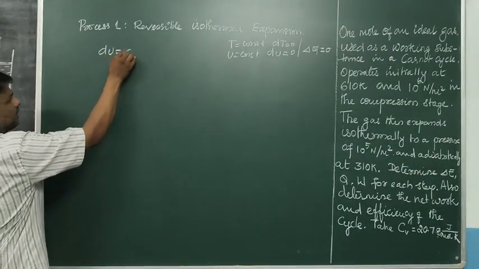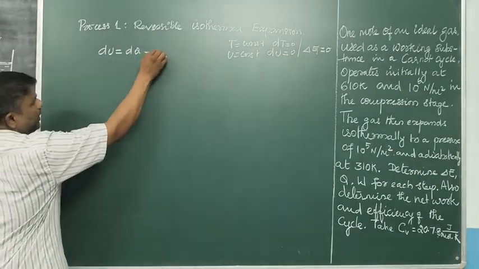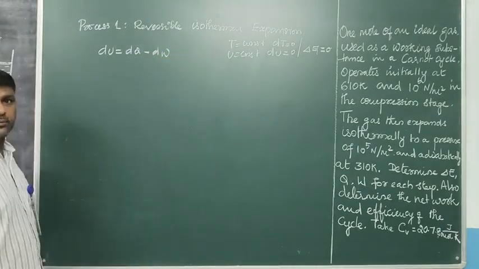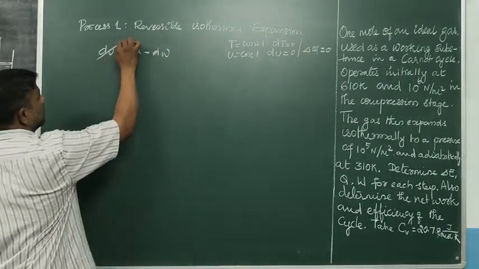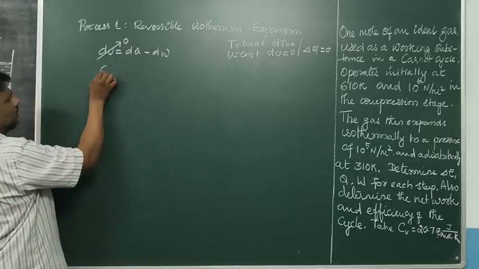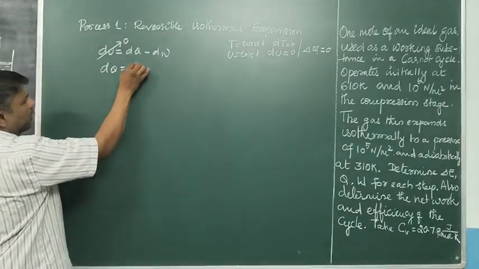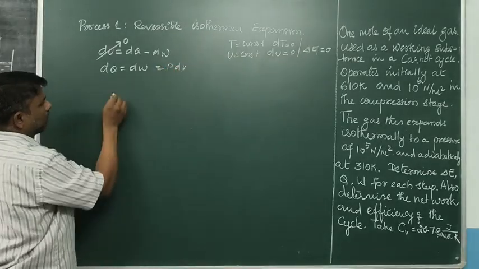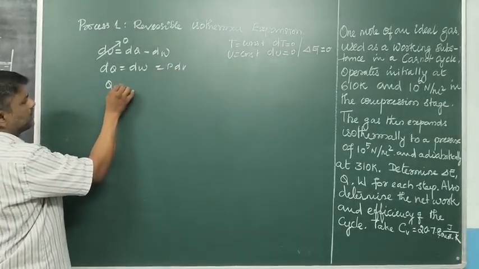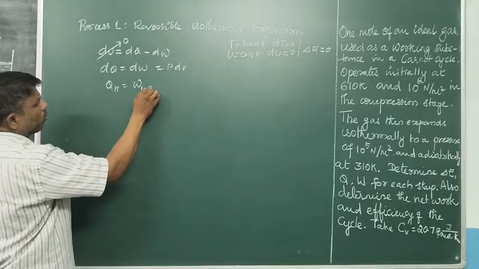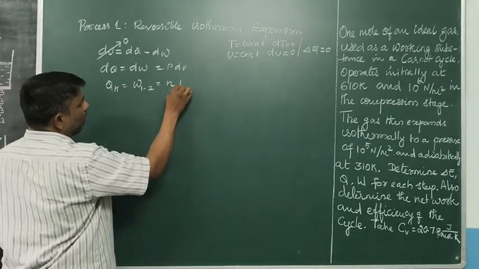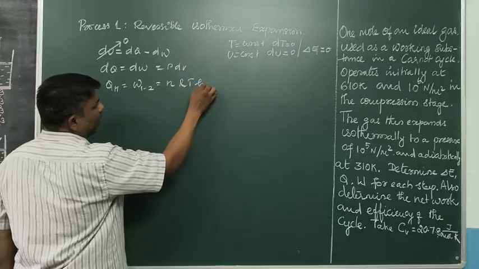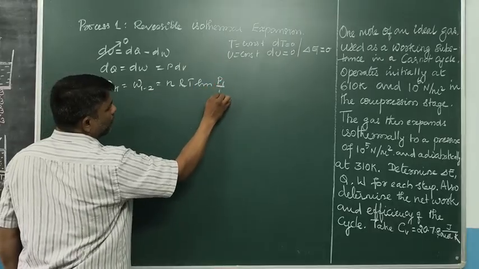Changes in internal energy is equal to heat content minus amount of work done. Since changes in internal energy is equal to 0, dq is equal to dw is equal to p dv, or QH is equal to W1 to 2 is equal to n R T ln P1 by P2.